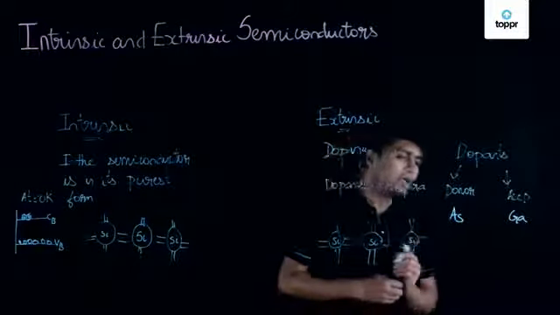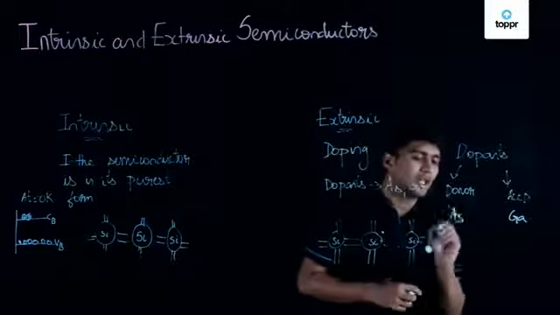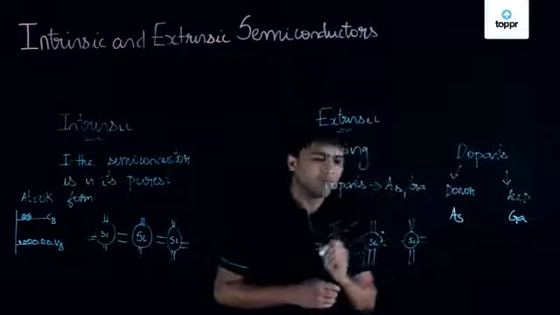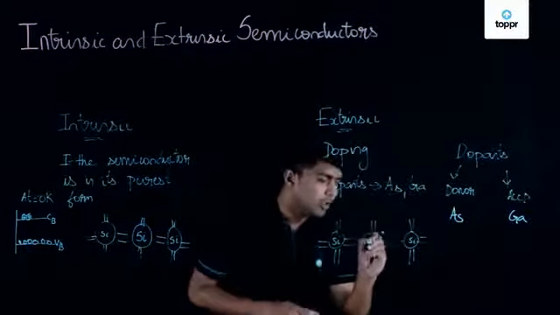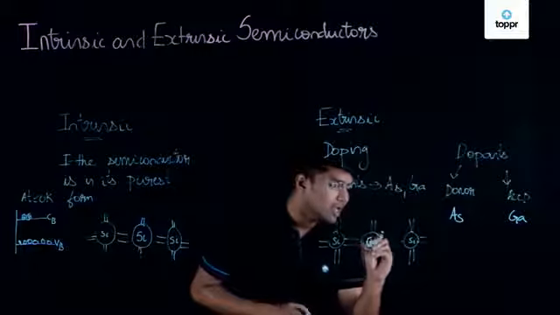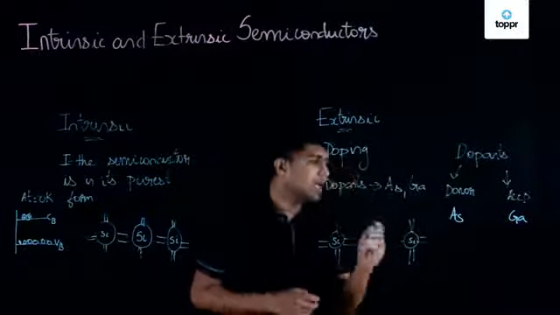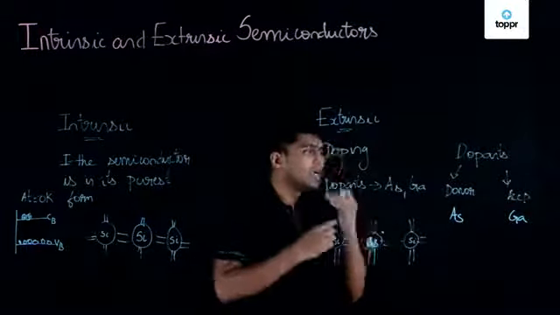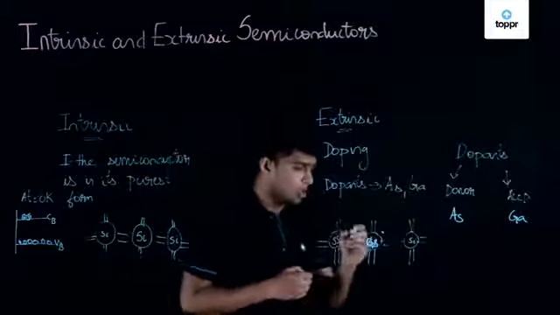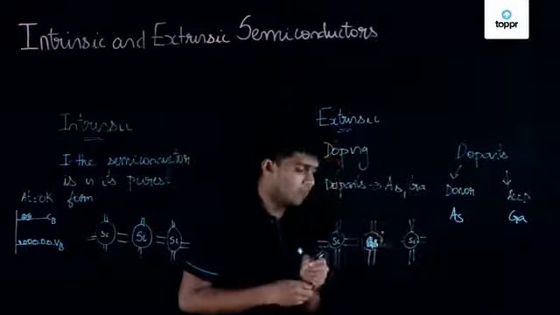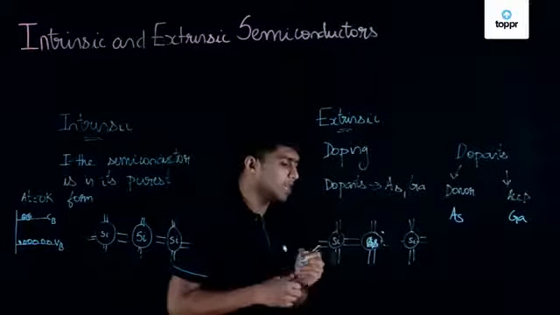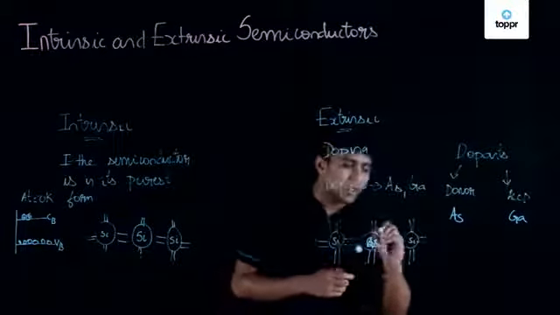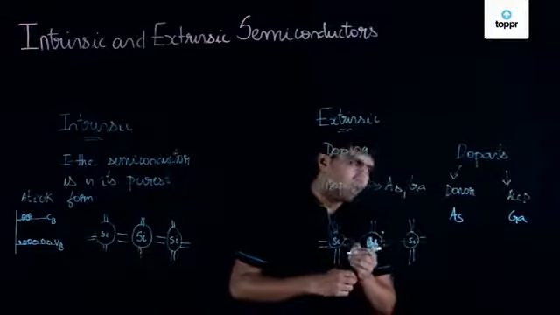If we examine the outermost shell of arsenic, we find 5 electrons. So when we replace silicon with arsenic, we are donating an electron. Here we had 4 electrons; when we replaced it with arsenic, now we have 5, which means 1 free electron is there.